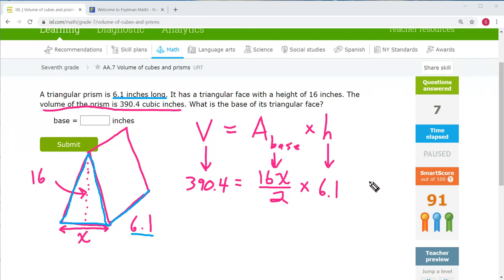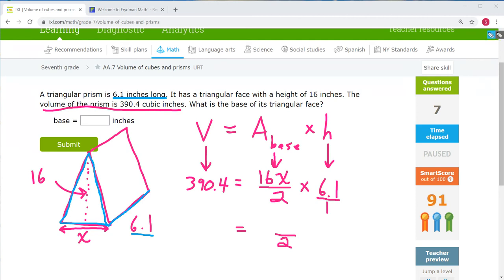All right, so let's go ahead and solve that. Now, what we could do here is put this over 1, and then we're just multiplying two fractions together. So the denominators are just 2 times 1, so that would be 2. And the numerators are 16x times 6.1.